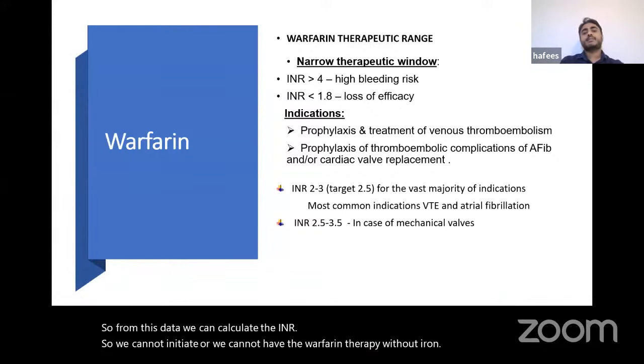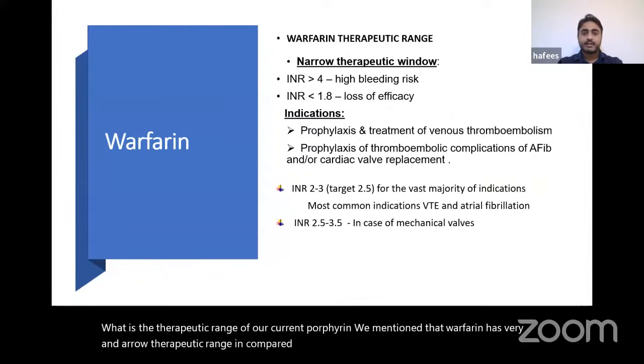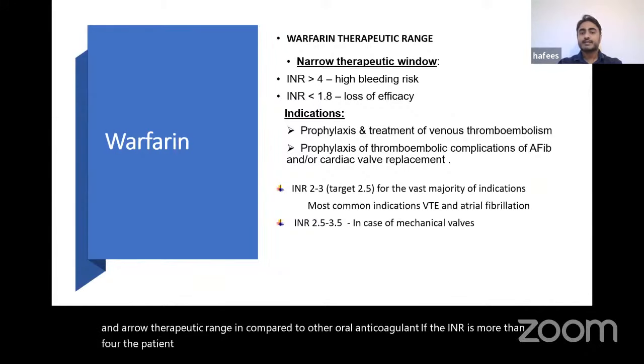So what is the therapeutic range of warfarin? We mentioned that warfarin has a very narrow therapeutic range in comparison to other oral anticoagulants. If the INR is more than 4, the patient may be at high bleeding risk, and if it is less than 1.8, that indicates a loss of efficacy of the medication or the treatment.